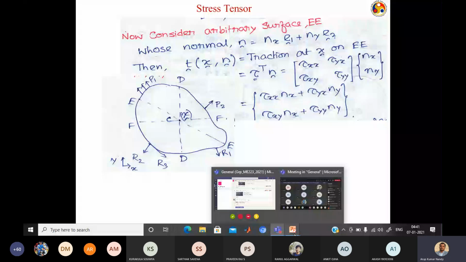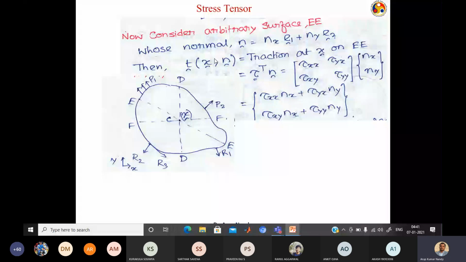Whose normal is in an arbitrary direction, that is, the normal components are nx and ny. Then we can write the normal in vector form like nx, ny. Then on that plane EE, we can get the traction component using tau transpose n.